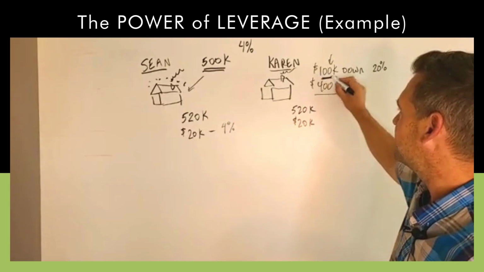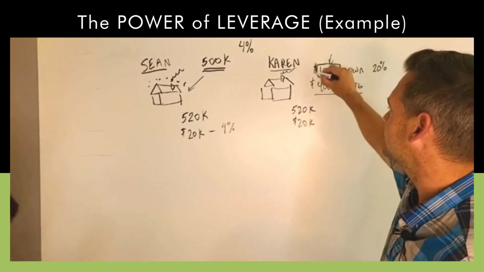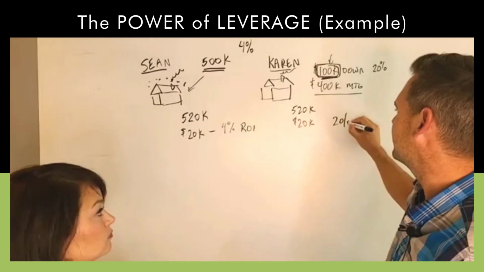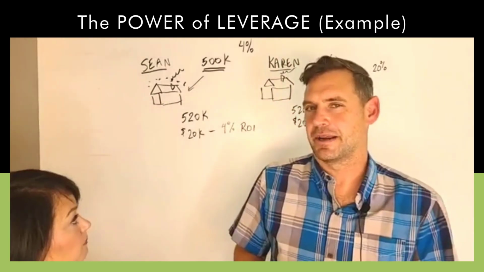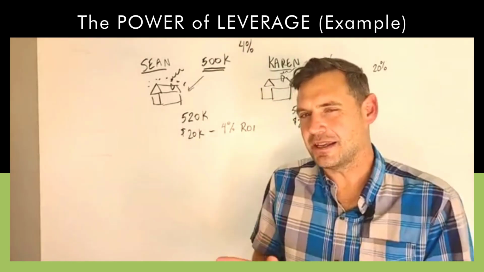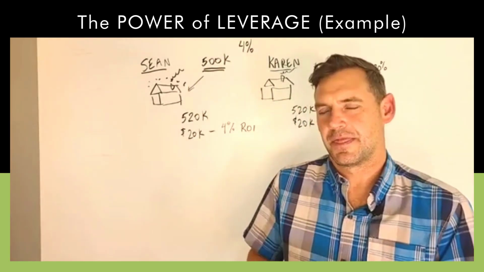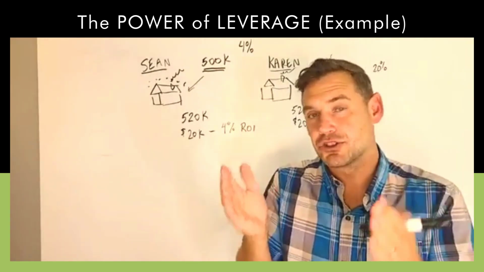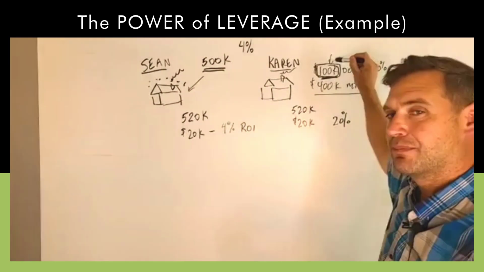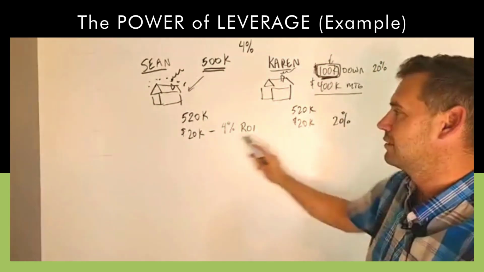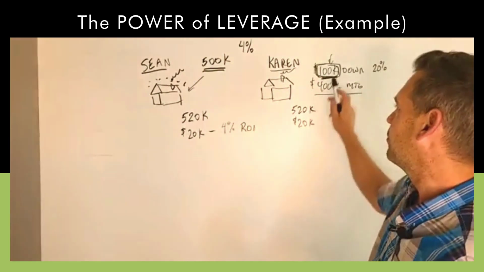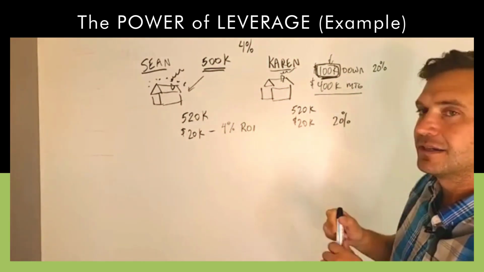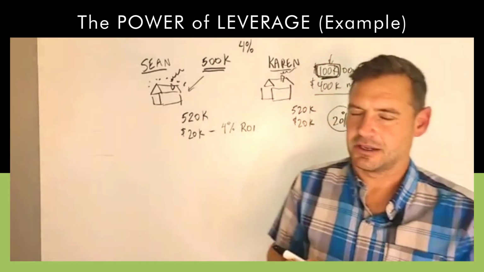In Karen's case, because she only put $100,000 down, she's making a 20% return on her money. Okay, so that is really where it all starts. That's the concept of where all of this real estate investment starts: the less money we put down, if we make the same return, $20,000, but we put less down, then our return on investment goes up significantly.